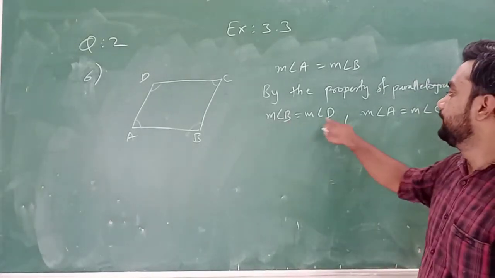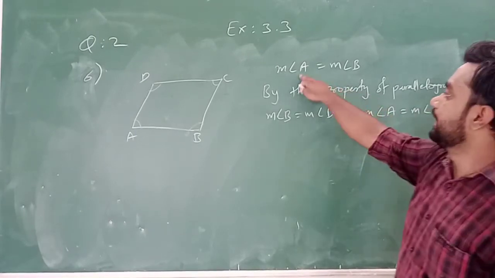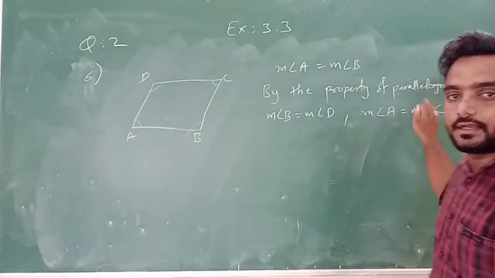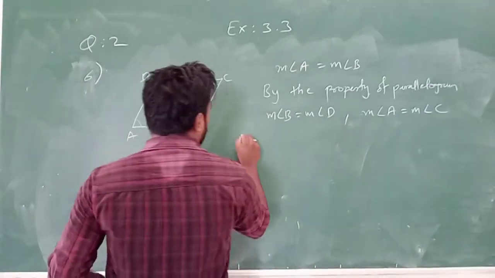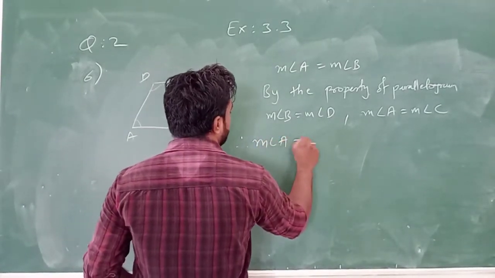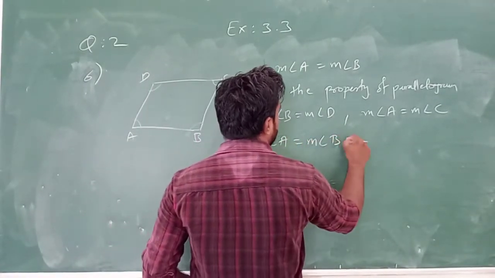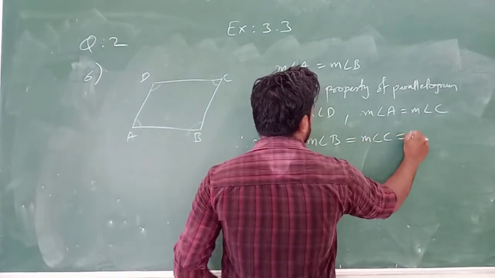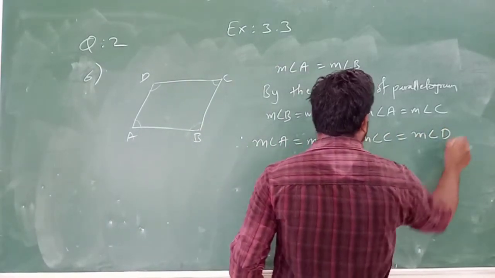That means what? B and D, A and C and A and B, चारों चार अगर मैं लिखता हूँ so therefore I can write it as measure angle A is equal to measure angle B is equal to measure angle C and is equal to measure angle D.